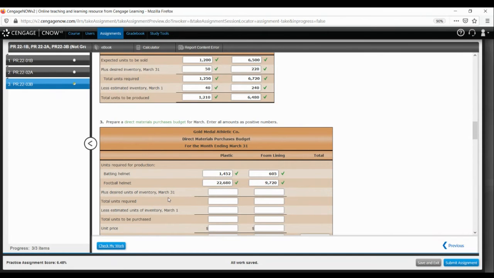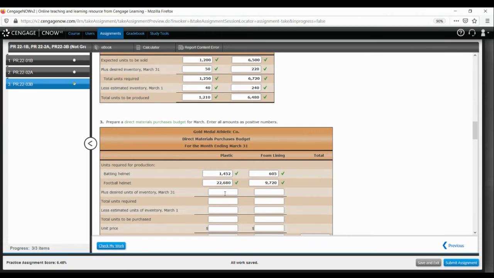But we have to add in some ending inventory for plastic so that we'll have enough plastic available to cover items if an employee messes up some materials when they are making the helmets, then we want to have enough to be able to cover those mishaps.